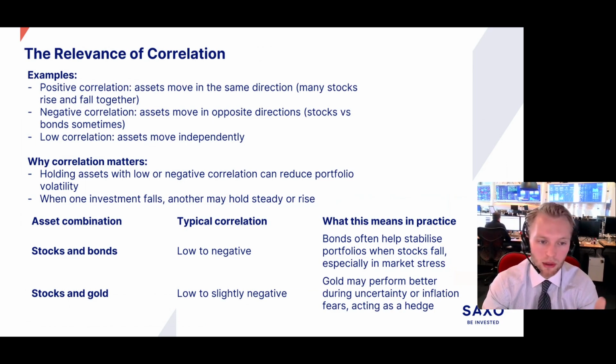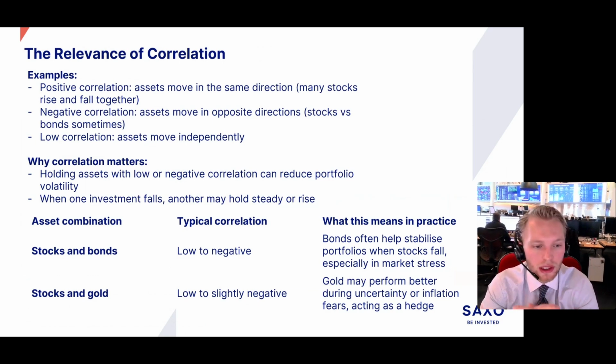They're way more stable because it's a bond, so you have a set coupon. You know that, unless the underlying company defaults, they will be repaid at the face value.